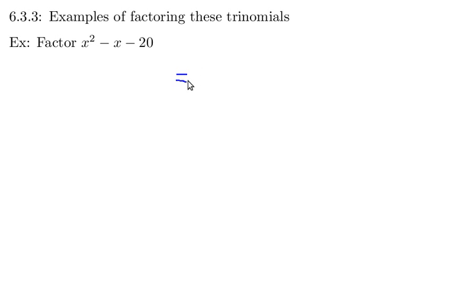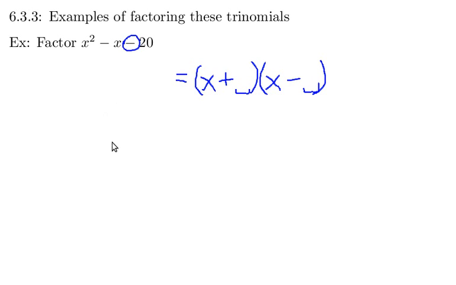First of all, just because I recognize that this is that type of trinomial, I know it's going to be two different factors like this. And so I'll take a look at this last one here. This is a minus in front of the 20, in front of the last term. So I know that one term is going to be plus, and the other one's going to be minus. I don't know what these two parts are going to be yet, but I do know that one of these is going to be a plus and one of these is going to be a minus.